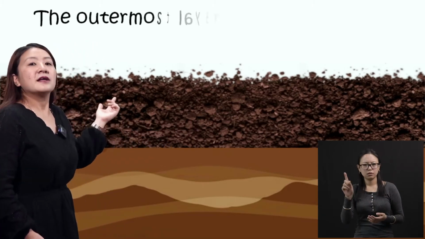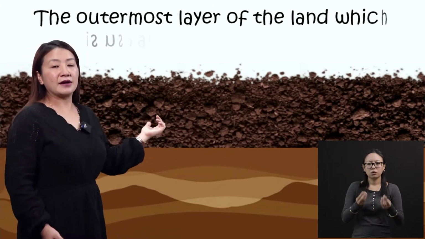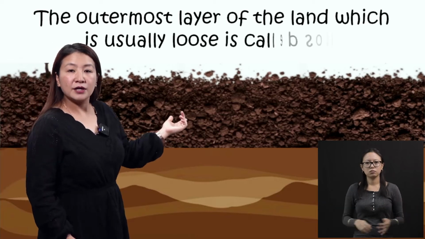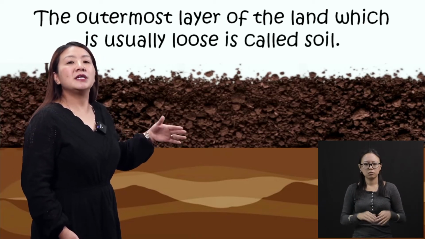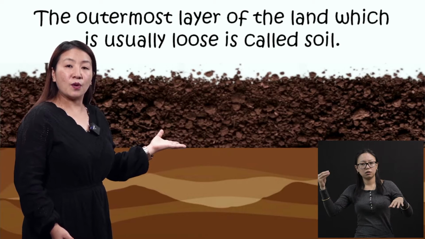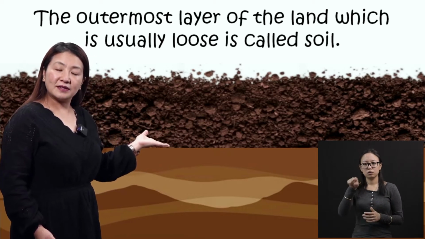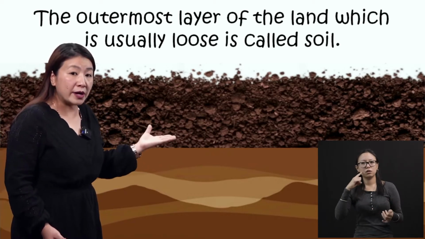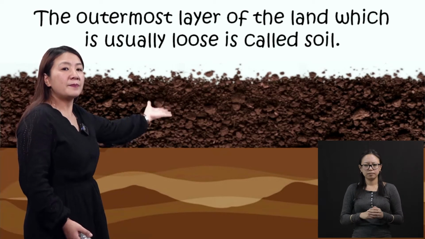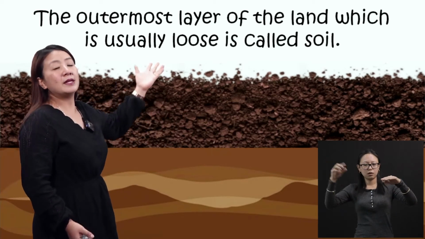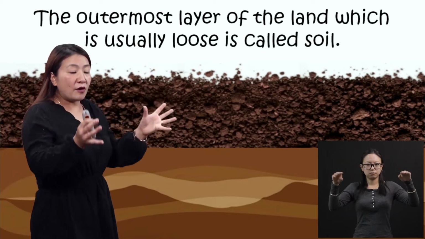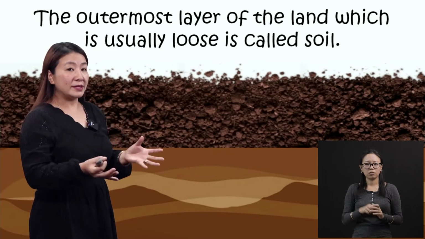So what is a soil, children? Let us see. The outermost layer of the land, which is usually loose, is called soil. Once more, children, what is a soil? See this soil? The upper part, the outermost layer of land. We live on a round globe called the earth, right?